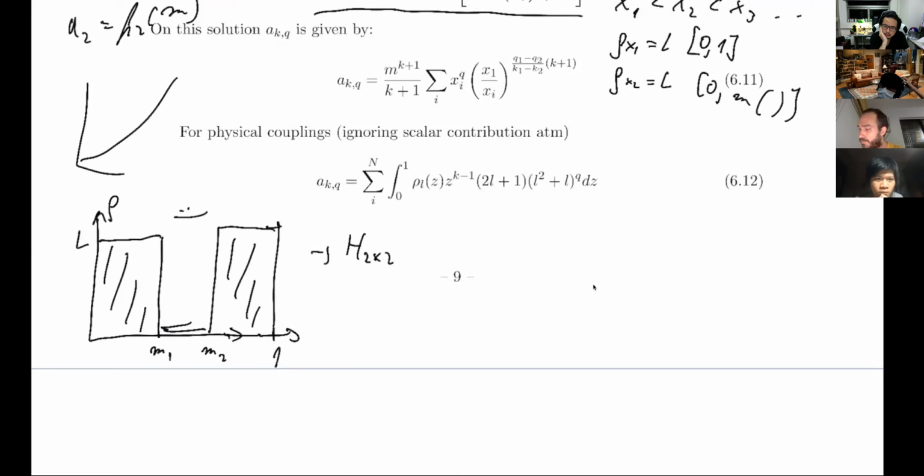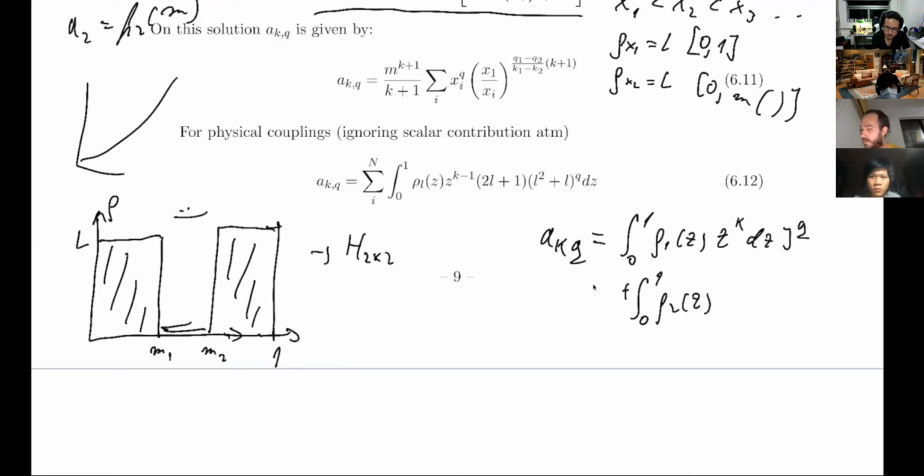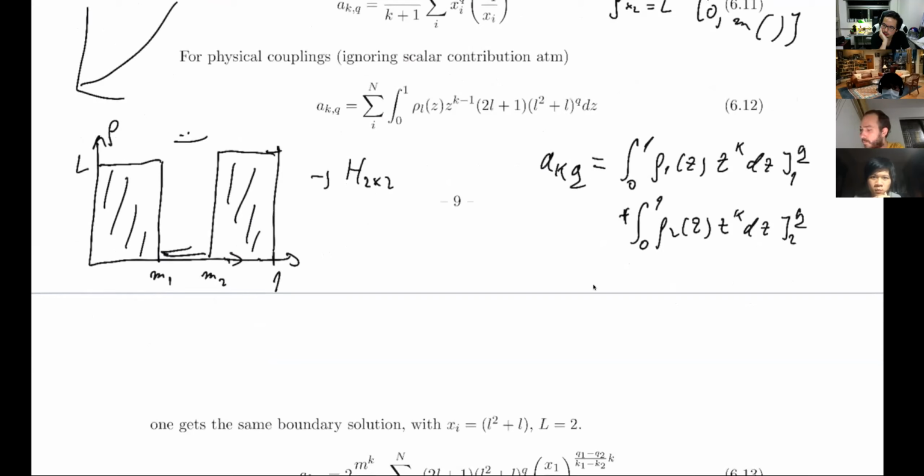So I assume 2 states, and then I use the fact that rho 1 of z is going to be L on some 0 M1, and then rho 2 of z is going to be L on 0 M2.